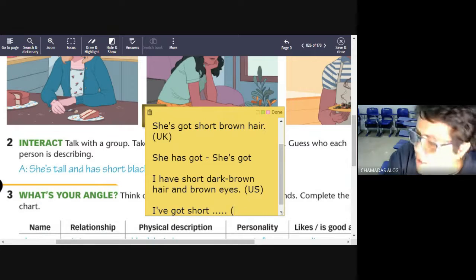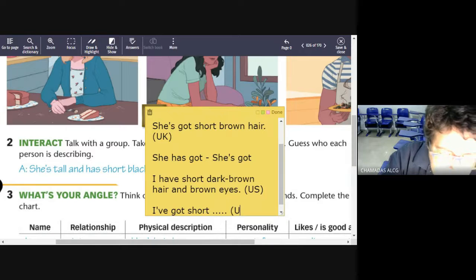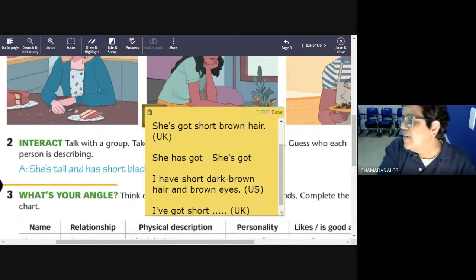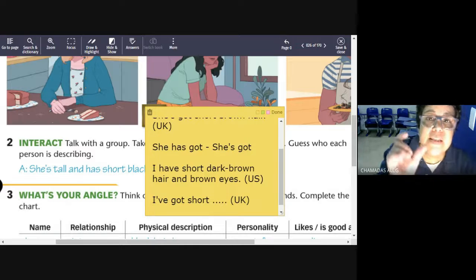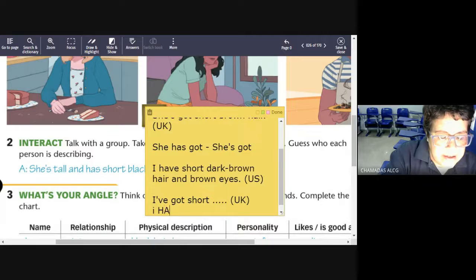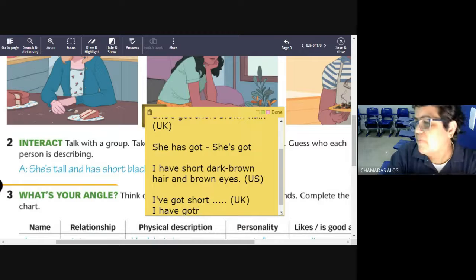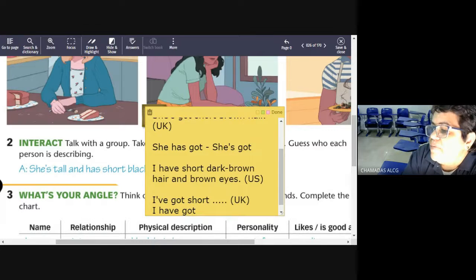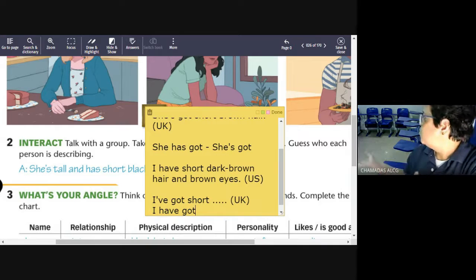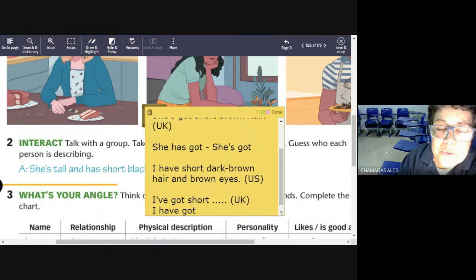Oh my God, this is so hard to write here. Okay. Now, I've got is the abbreviation of I have got, okay? Okay, I've got. It's the same as I have, okay? The same. So I'm just showing you the difference between American English and British English when describing someone physically, okay?